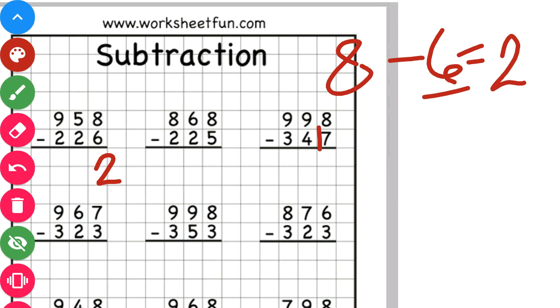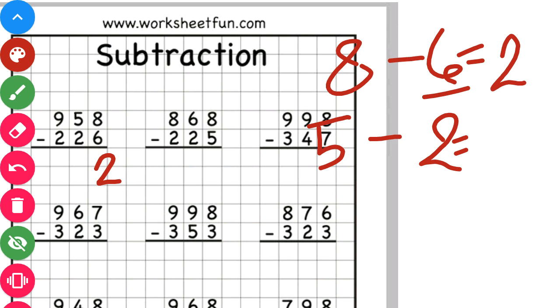Next is 5 minus 2. How much will we get? Subtract 2 from 5. Count after 2: 3, 4, 5.